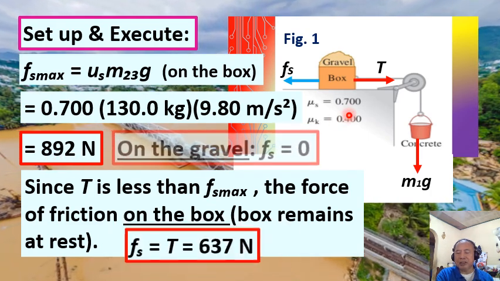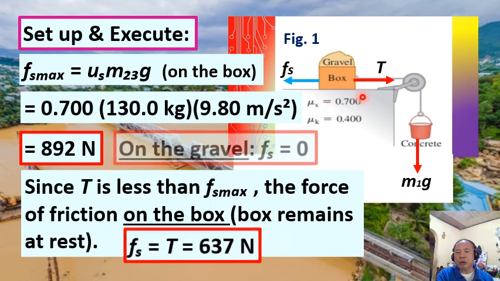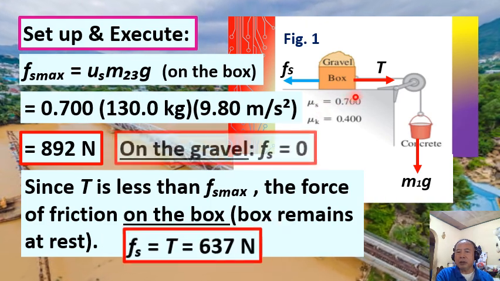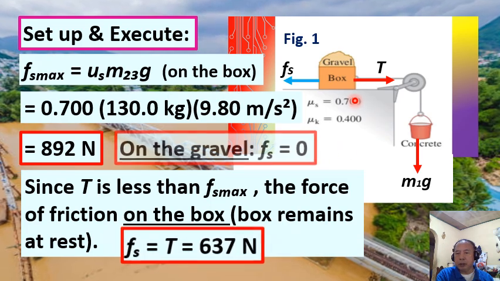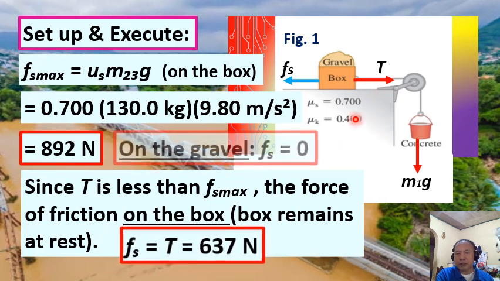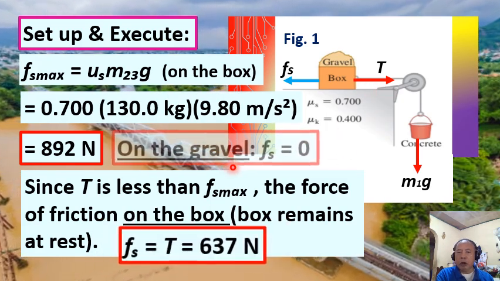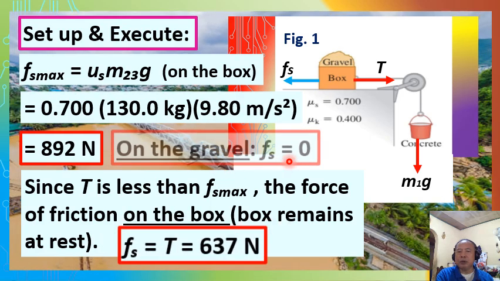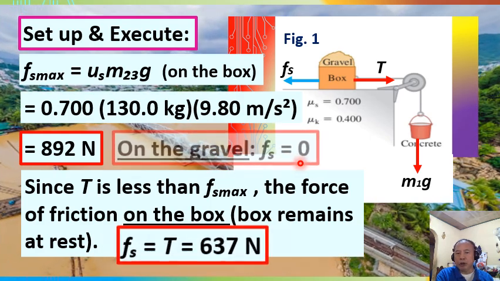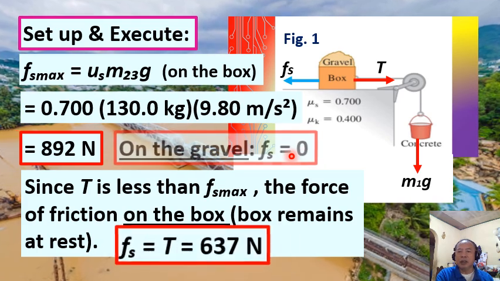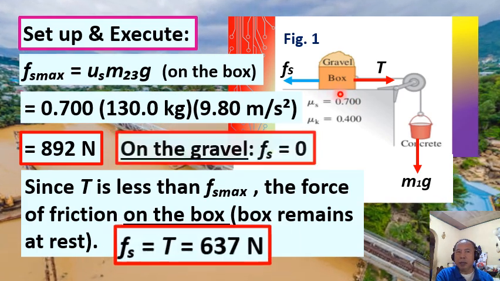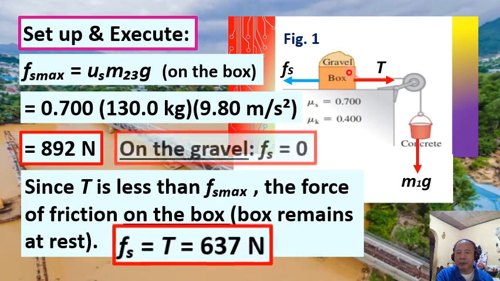But as far as the static friction exerted on the box, it's only equal but opposite to the tension force, capital T. So on the bag of gravel, the static friction equals zero because there is no horizontal force that is applied on the bag of gravel.